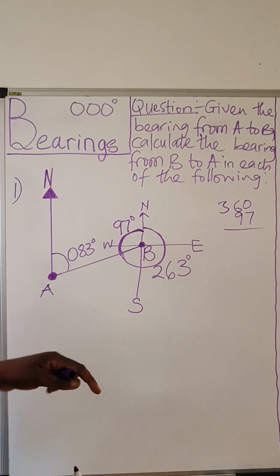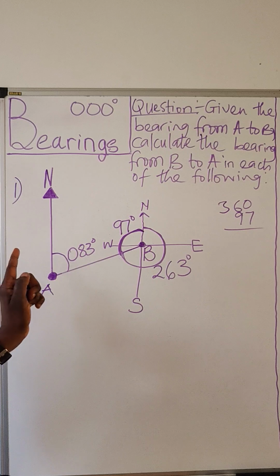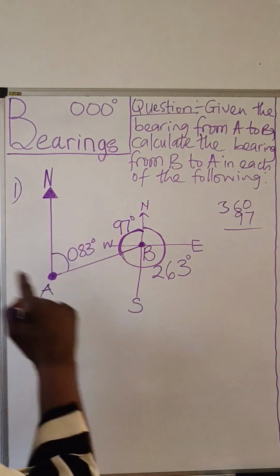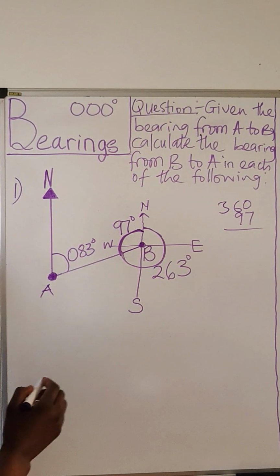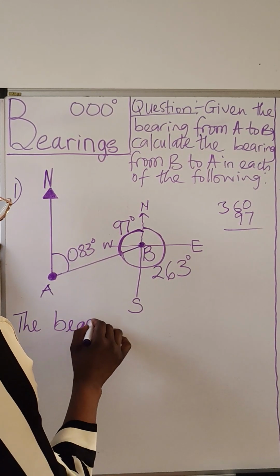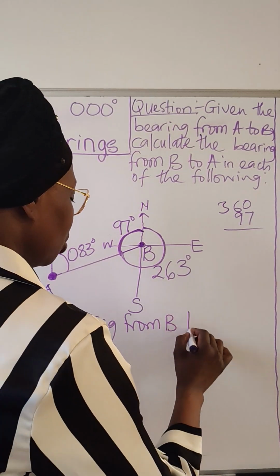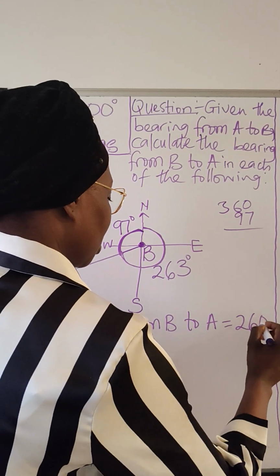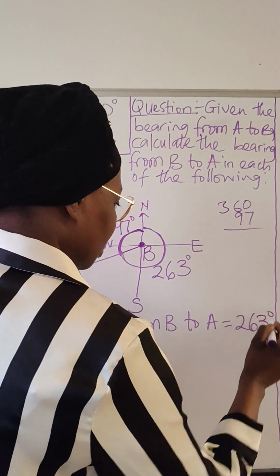So what we do is add 180 degrees to 83 degrees in order to get the opposite bearing, the bearing from B to A. So the bearing from B to A is equal to 263 degrees.